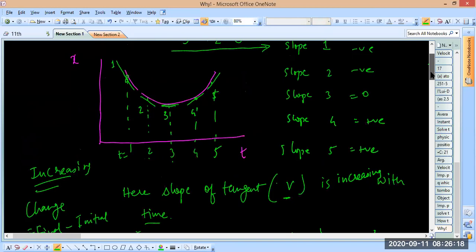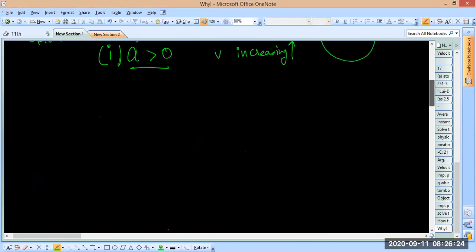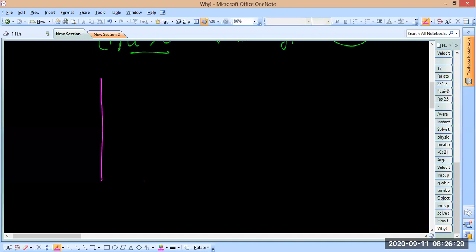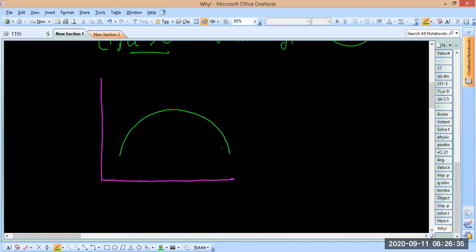Now we will talk about the second case, right? Okay, bump shape. Let's see what happens over there. Okay, all right, so this is the xt graph, right?